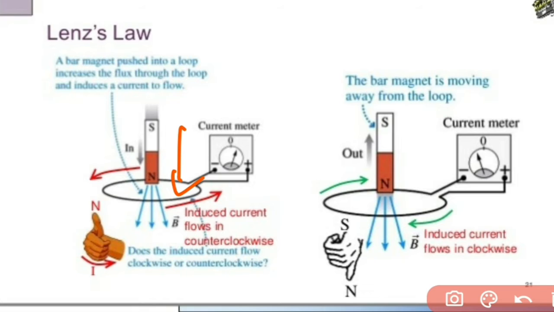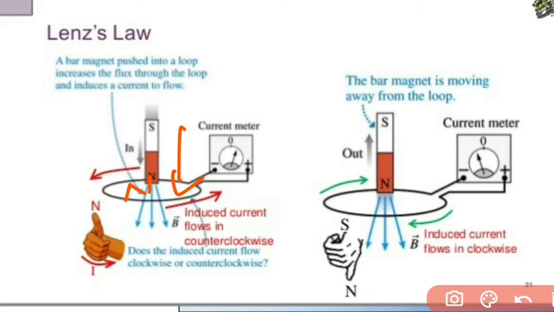Opposite means it should repel the bar magnet. To repel the bar magnet, north polarity should be induced on the upper side of the wire loop.